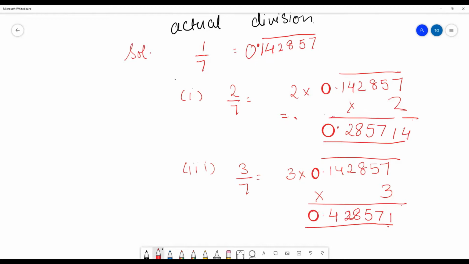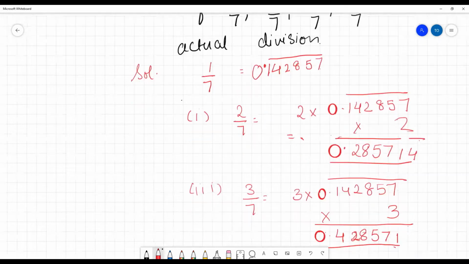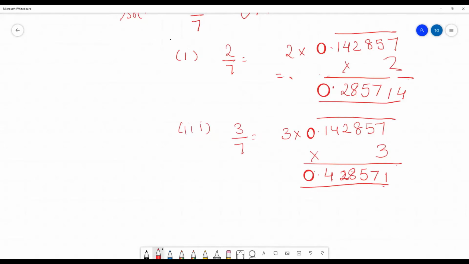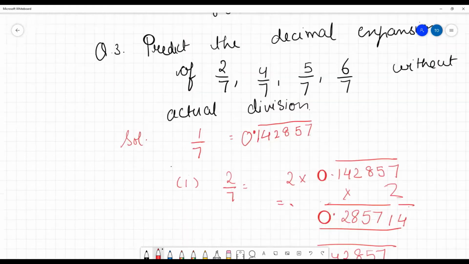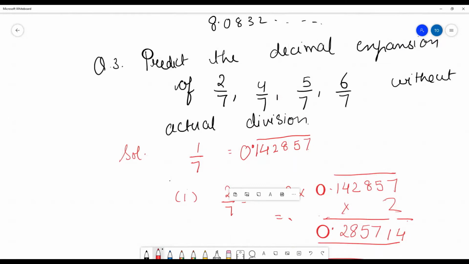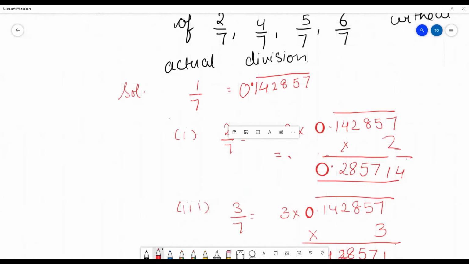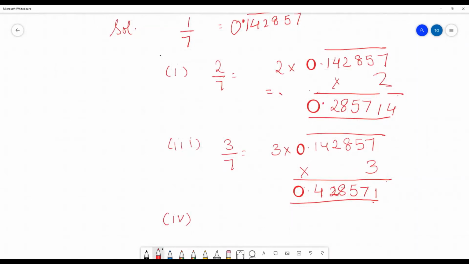In this manner, you can do 5 by 7 and 6 by 7 also. We have done 2 by 7 and 3 by 7, and we can do 4 by 7 now.